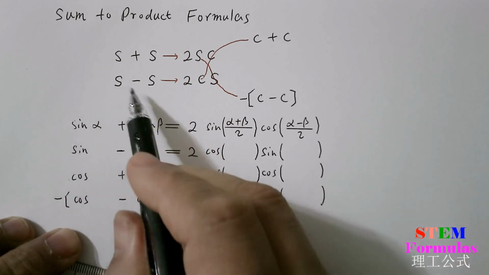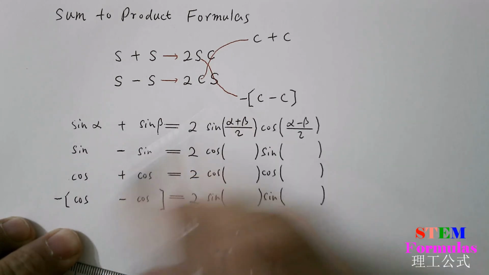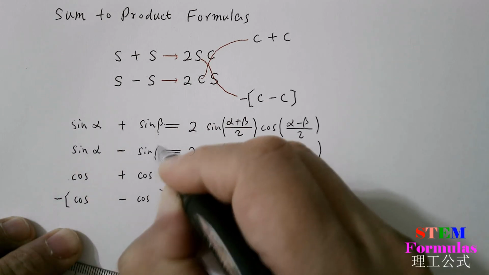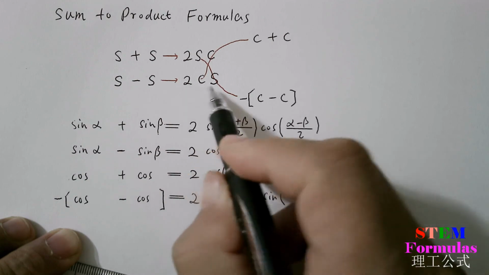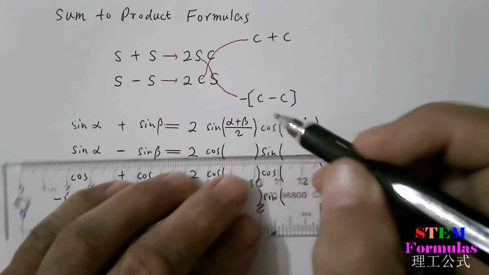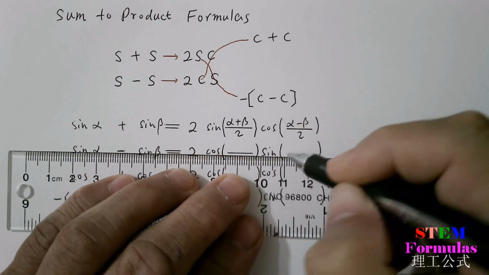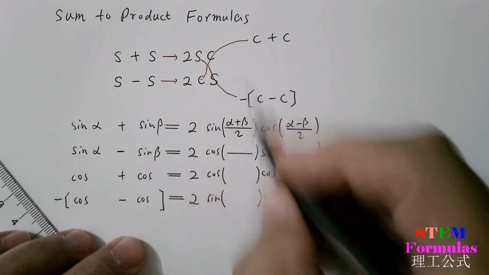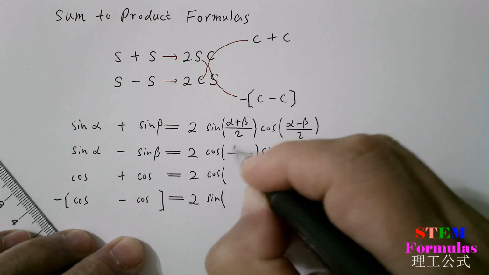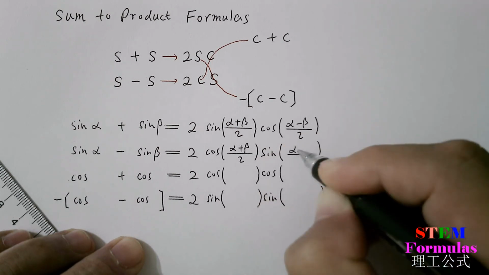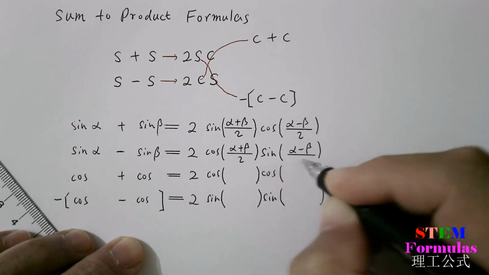So sine minus sine, 2 cosine sine: two cosines, alpha plus beta divided by 2, alpha minus beta divided by 2.